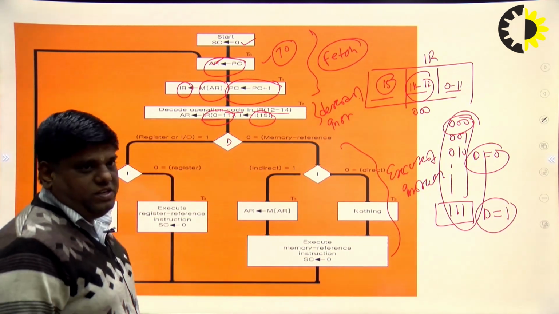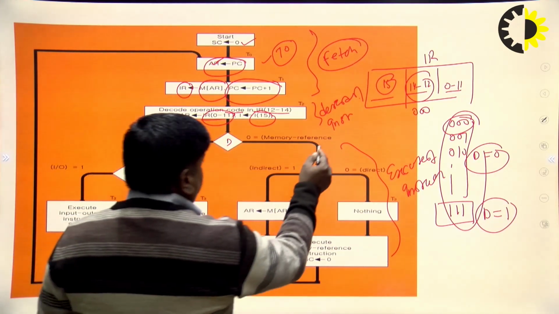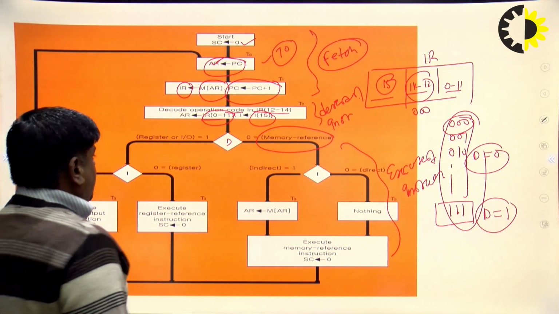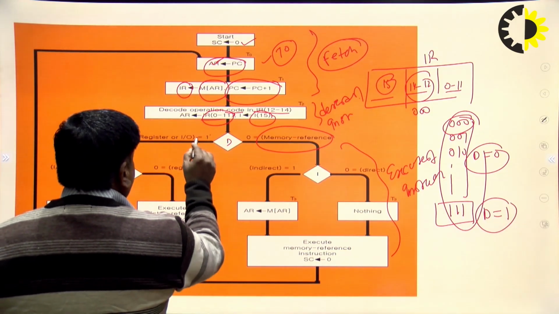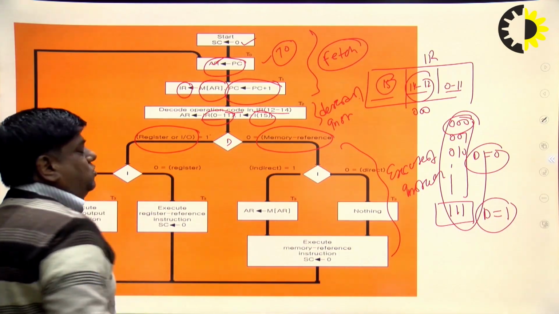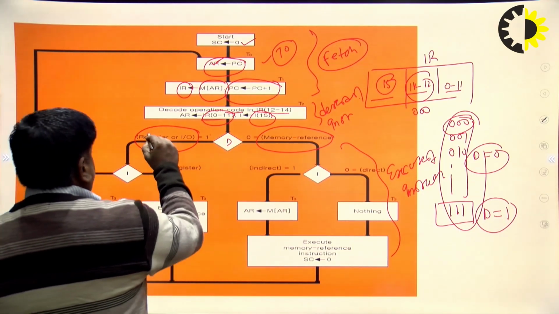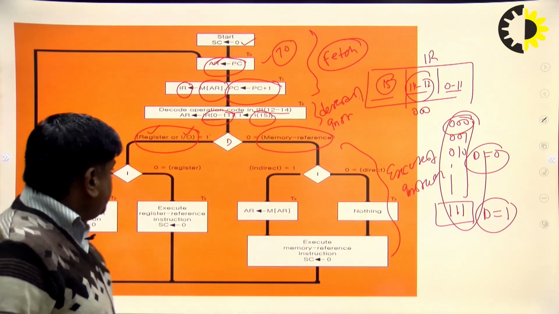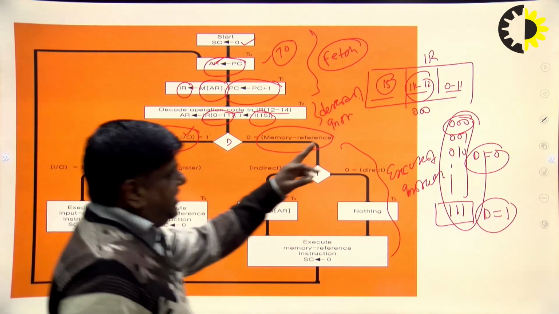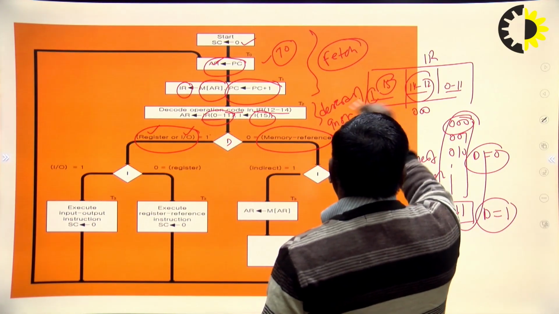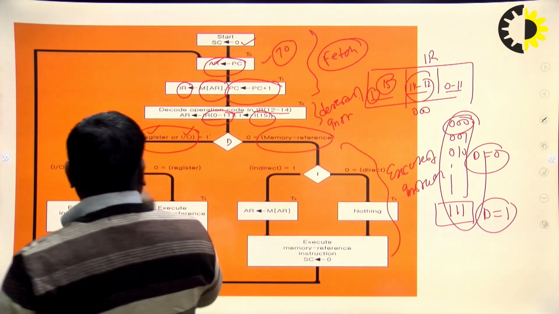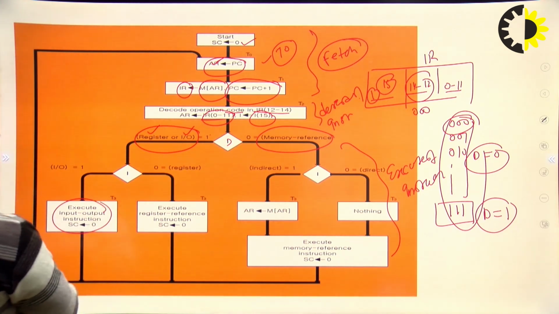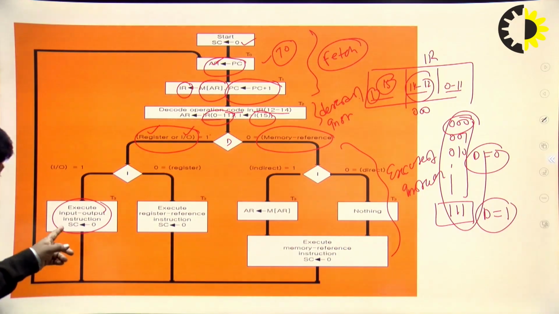If D is not equal to 1, then the instruction is executed as a memory reference. If D is equal to 1, then the instruction is executed as either a register reference or an input output reference. When we check D, then we check I. If I is equal to 1, then the instruction is executed as an IO reference, and SC is equal to 0.